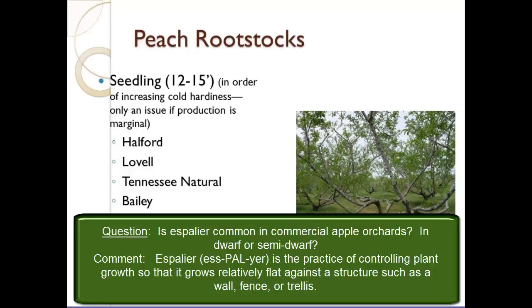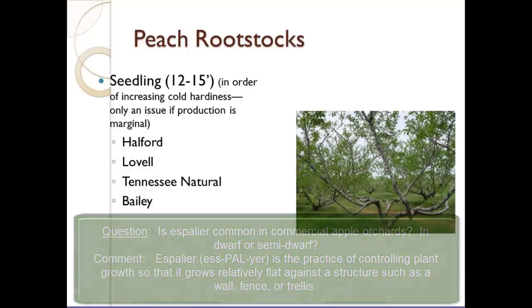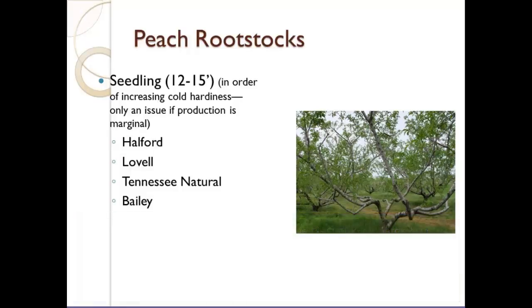But espalier usually is against a flat surface or really kind of two-dimensional. It's not a three-dimensional tree. So in actuality, I would say no, espalier is not common in any scale of commercial orchard. But when you go into high-density planting with trellis, you are approaching it, except it does have three-dimensionality to it.